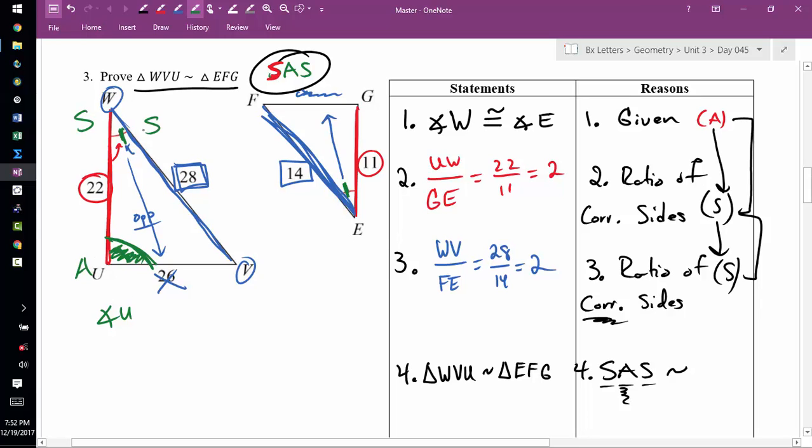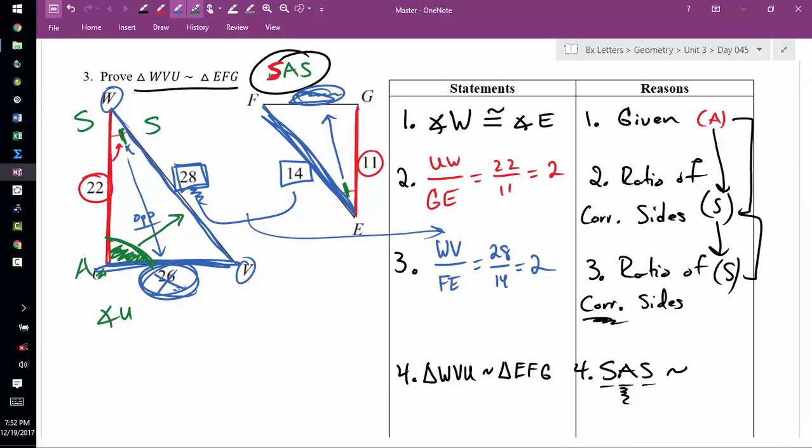And that doesn't guarantee you similarity, because this angle U here would tell you information about that blue side. And what we really need is information about the side that we don't know anything about, that missing side. Because we already have information about that blue side that we're using with a ratio.